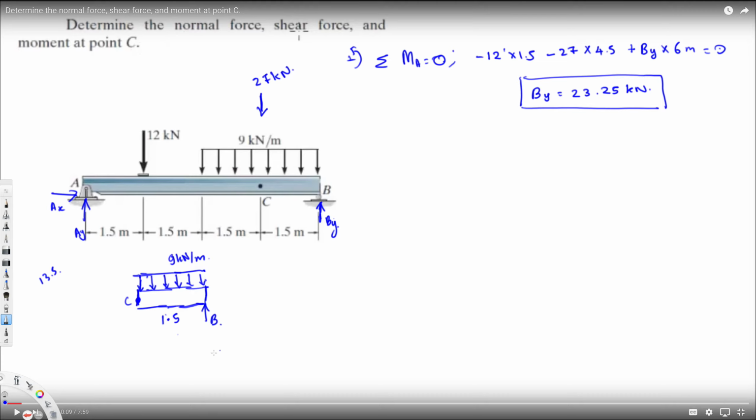So I draw this again. We are going to have 13.5 kilonewton in the middle, and the distance is 0.75, 0.75.